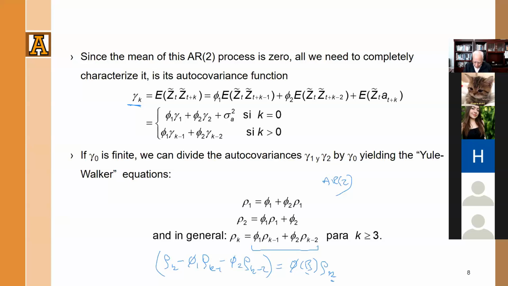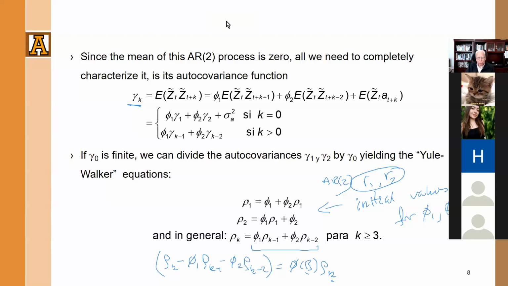So these equations are also used to determine initial values for phi 1 and phi 2. When we estimate this, the algorithm uses the sample autocorrelations R1 and R2, of orders 1 and 2, to establish initial values, okay?